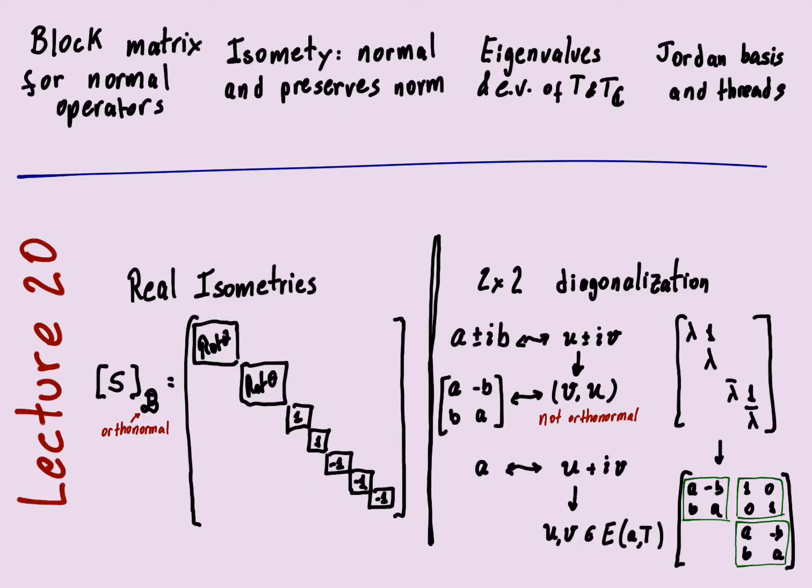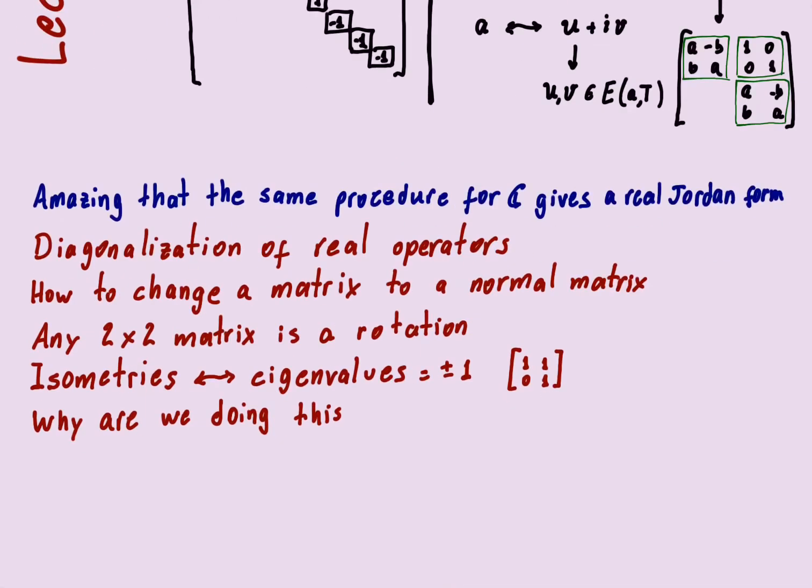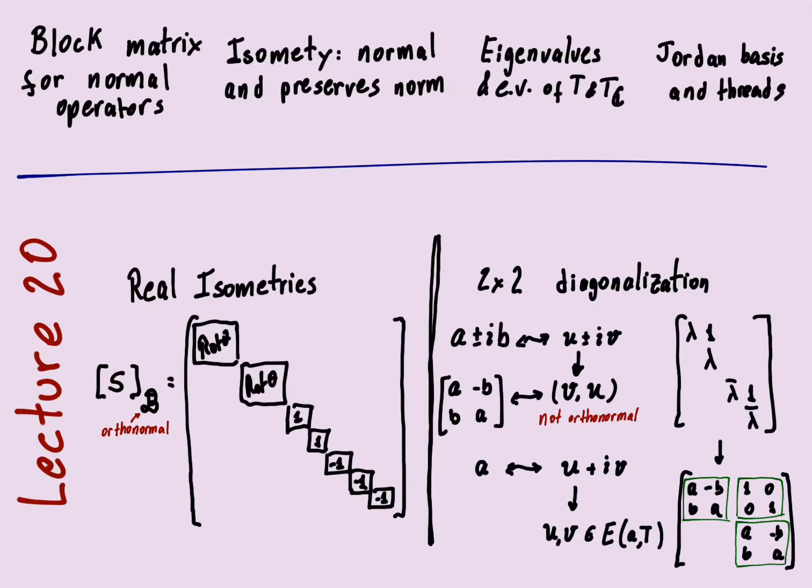Now, many of us may be wondering why we are doing this. Why do we want to write operators in this form? I would say it is interesting, at least, and there's at least the aesthetical aspect that we have a real equivalent to a Jordan form, even if this is technically not Jordan, because this is not 1 and this is not diagonal.